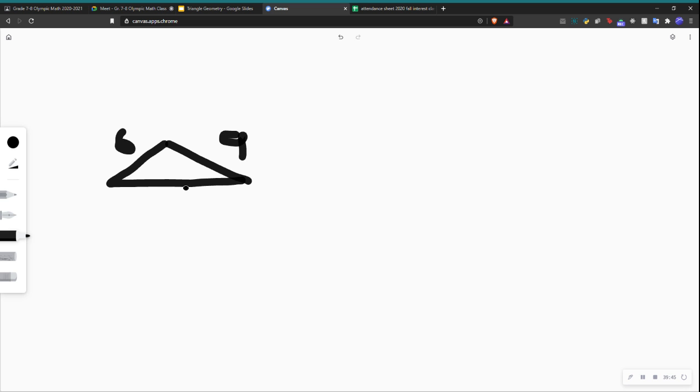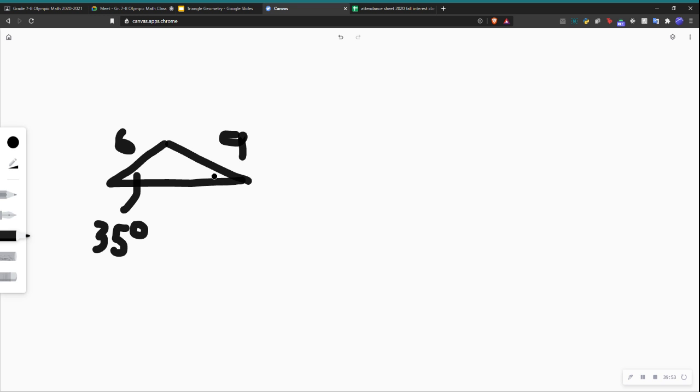Let's go into a new template. So, yeah, let me redraw the diagrams. This side was 6, this was 9. This angle right here was 35 degrees and 28 on the other side.